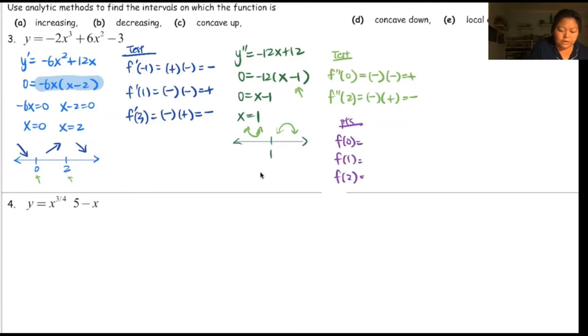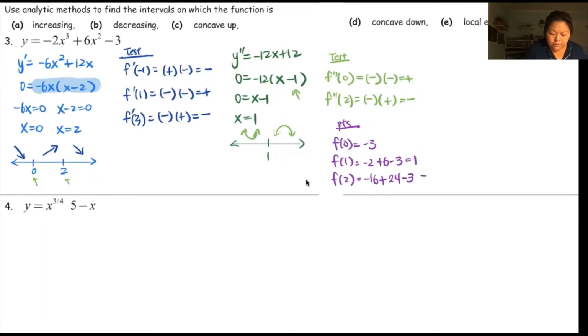So this is why it's really nice to label these as f of x, because you're plugging down to the original function here. So if I plug in f of 0, that's an easy one. That's -3. If I plug in 1, I get -2 plus 6 minus 3. That gives me 1. If I plug in 2, this one requires a little bit more work. That's -2 times 8, so -16, plus 6 times 4, that's 24, minus 3.